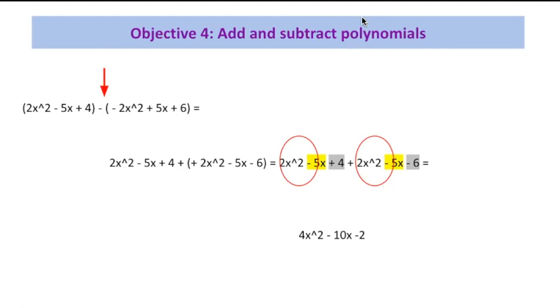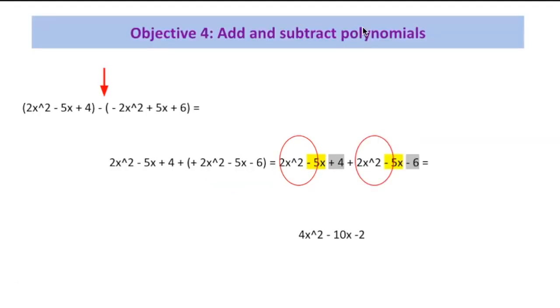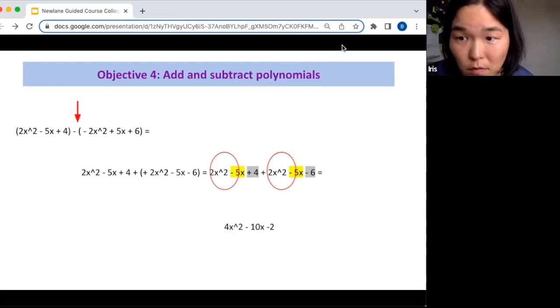So you're saying that if it's a negative inside the parentheses, it reverses the other ones, so it becomes positive, and if it's positive, it becomes negative? Yeah, it reverses the sign of everything that comes afterwards. Okay. Why? Because it's like multiplying by -1.